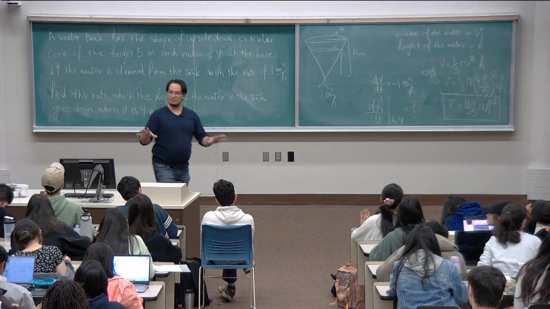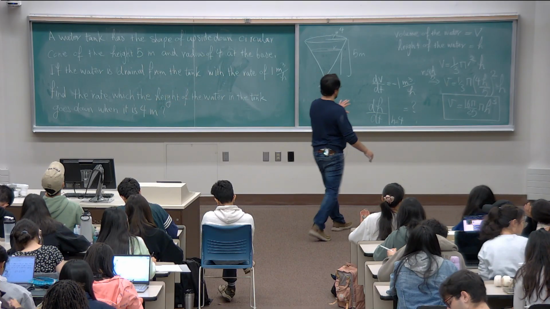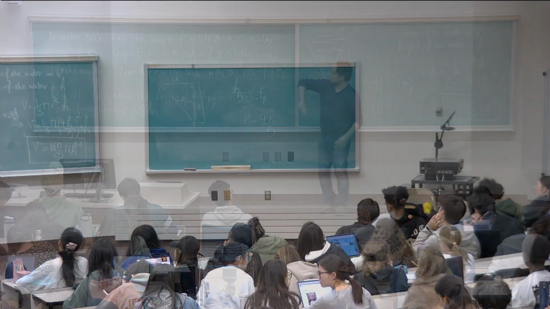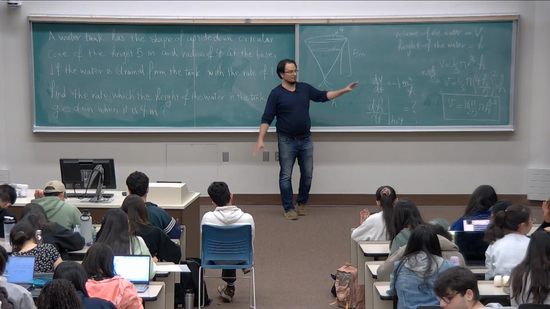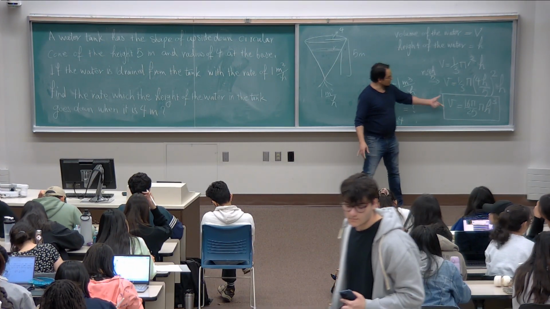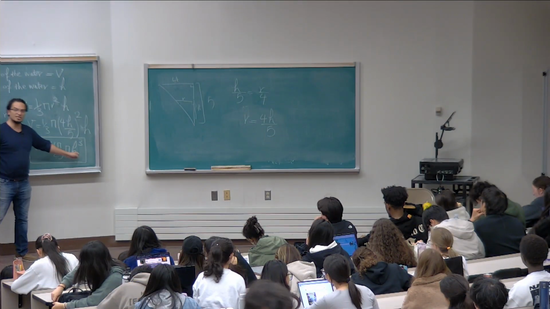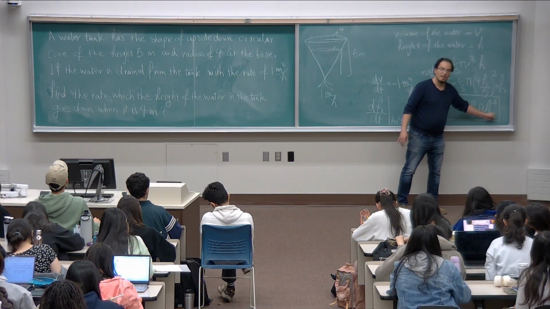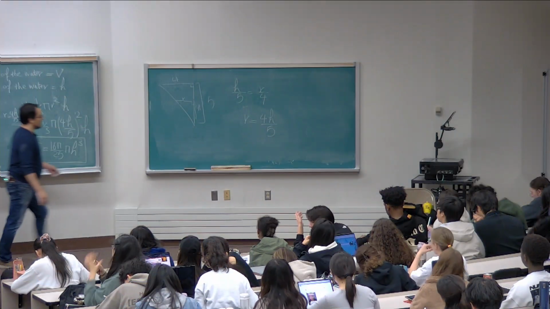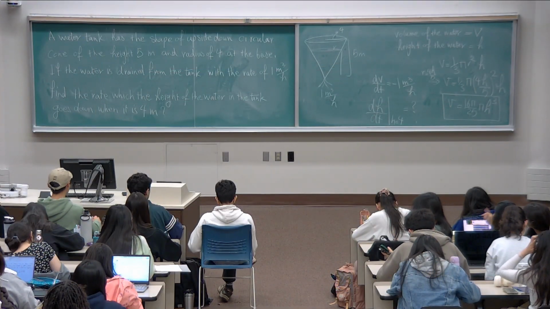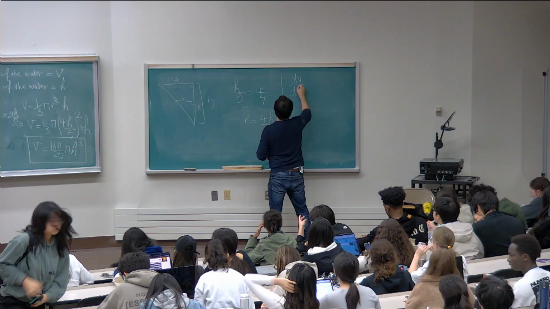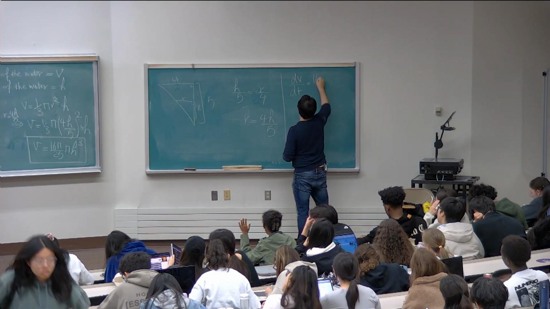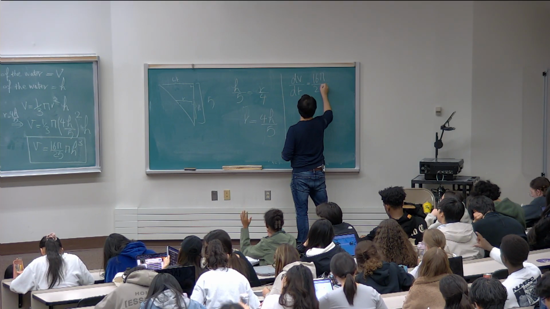My model is complete. In other words, I now can ignore the physical meaning of these variables. I have a function which relates V to H. I have some information, and I want to find how the d/dt are related. So dV/dt is going to be 16 pi over 75.